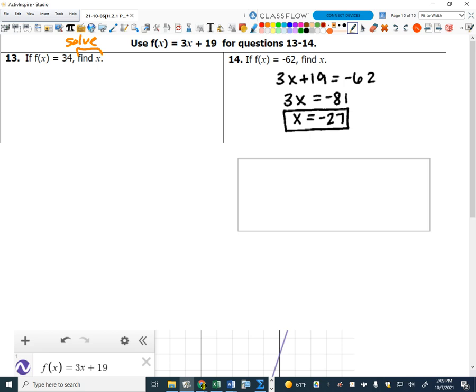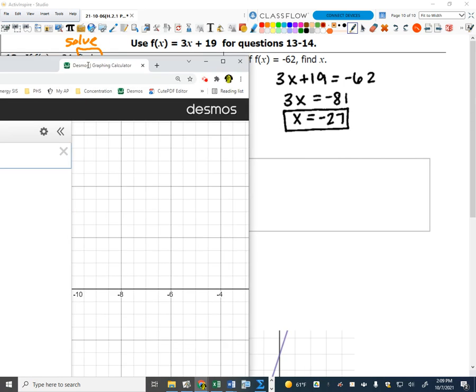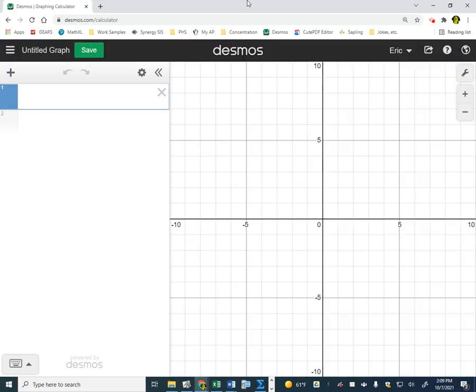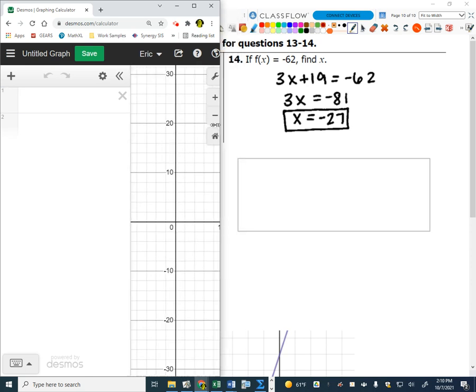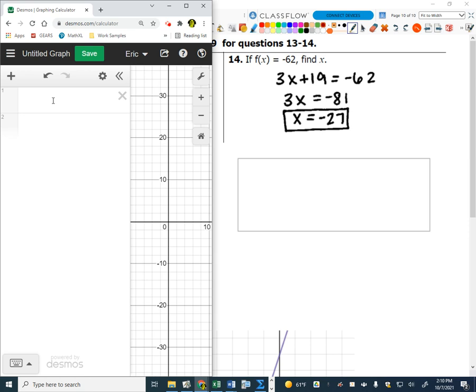Now we can do this. It's not hard to do. The algebra is pretty easy, right? It's easy to isolate the x. But I want to remind you about our Desmos graphing trick for this. So with Desmos graphing, if I ever want to solve an equation graphically, I can graph the left side of the equation, call it f of x, the right side of the equation, call it g of x, and then see where they intersect.